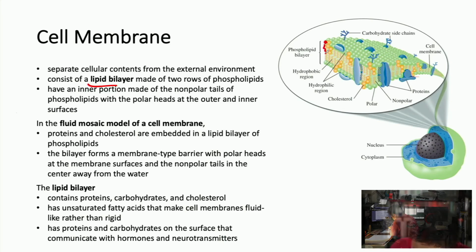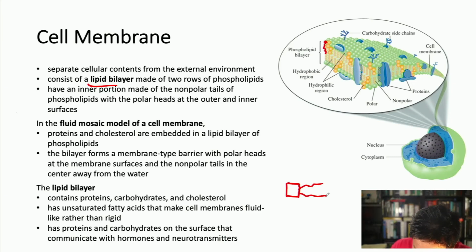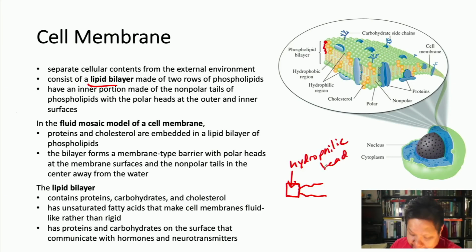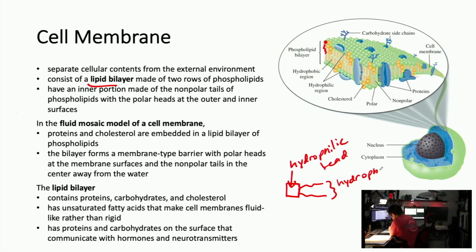If you recall from a previous slide, this is what we usually see, and this is the hydrophilic head, like a choline or an ethylamine. And then these are the lipid tails that are hydrophobic.